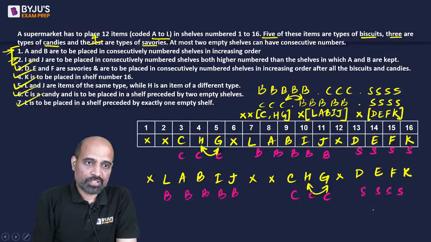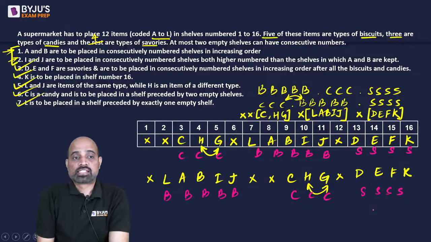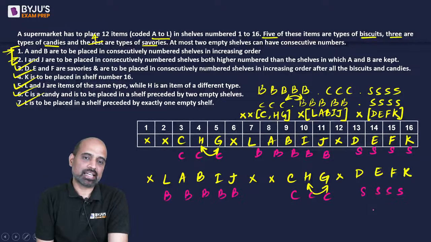Do we have any other possibility? L and J are of the same type, so they will go together. Since L and J are of the same type and H is of a different type, that tells us that L and J are going to be biscuits, and C is a candy.